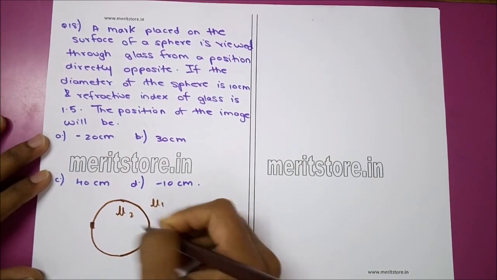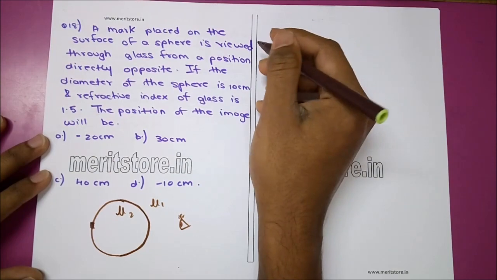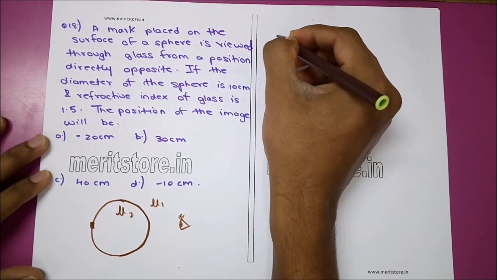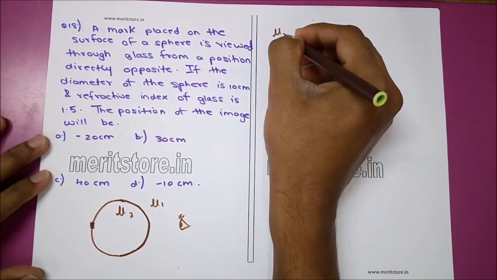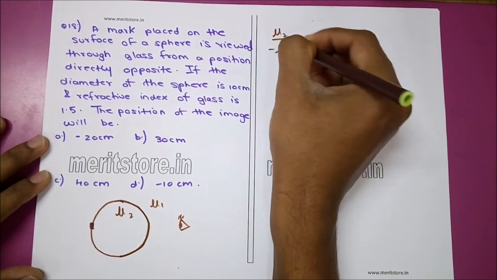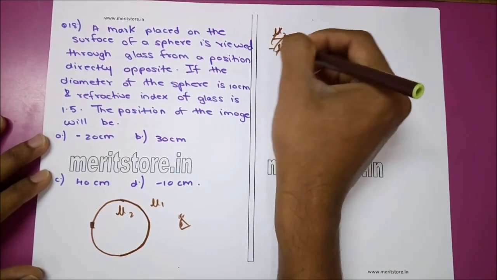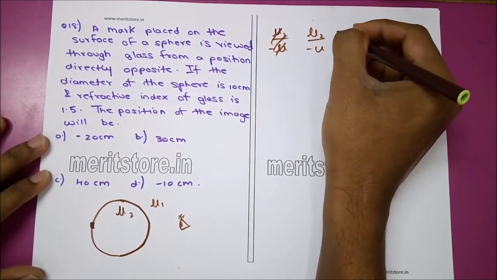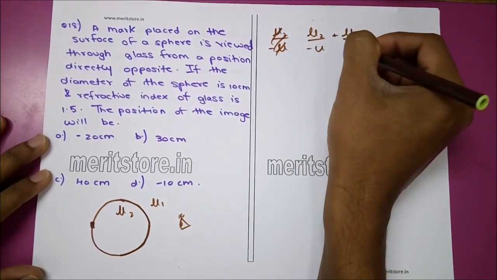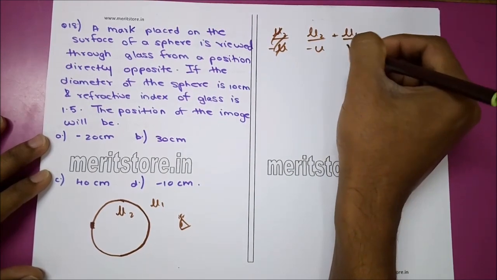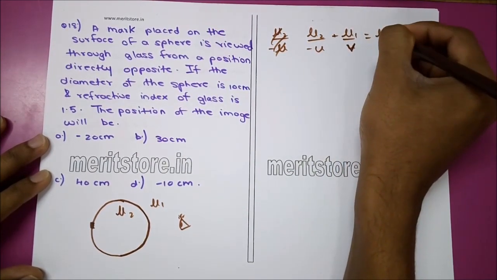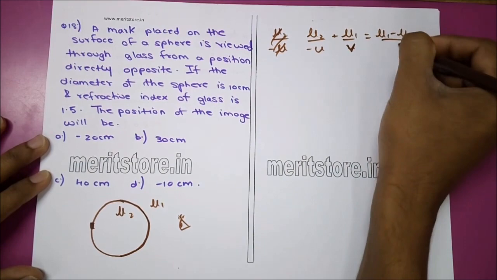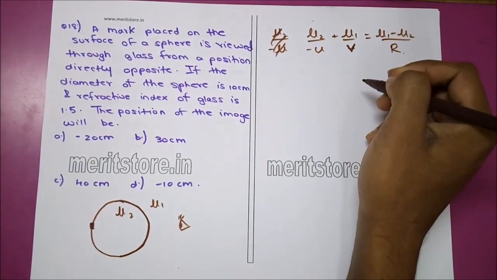Mu1 is the air and mu2 is the glass itself. So therefore mu2 upon v plus mu1 upon u is equal to mu2 minus mu1 upon r.